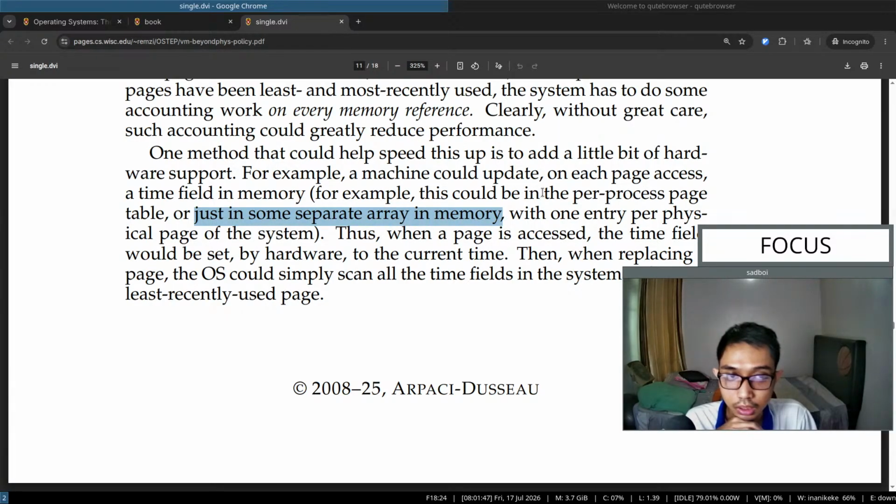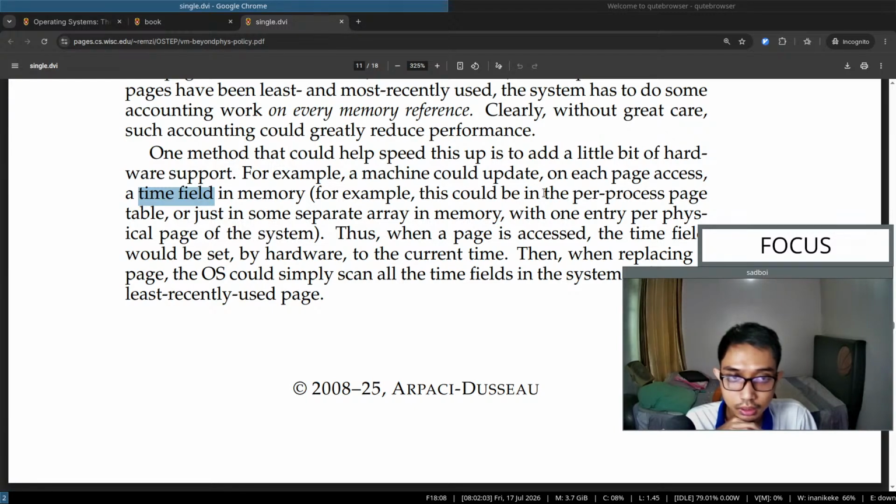I guess one of the possibilities is to put the time field, the recency time field, in the page table entry.